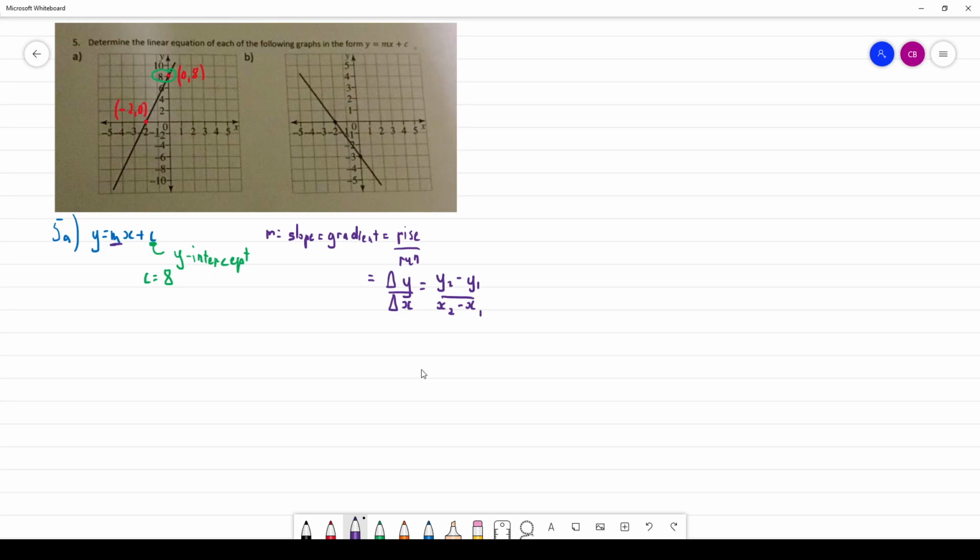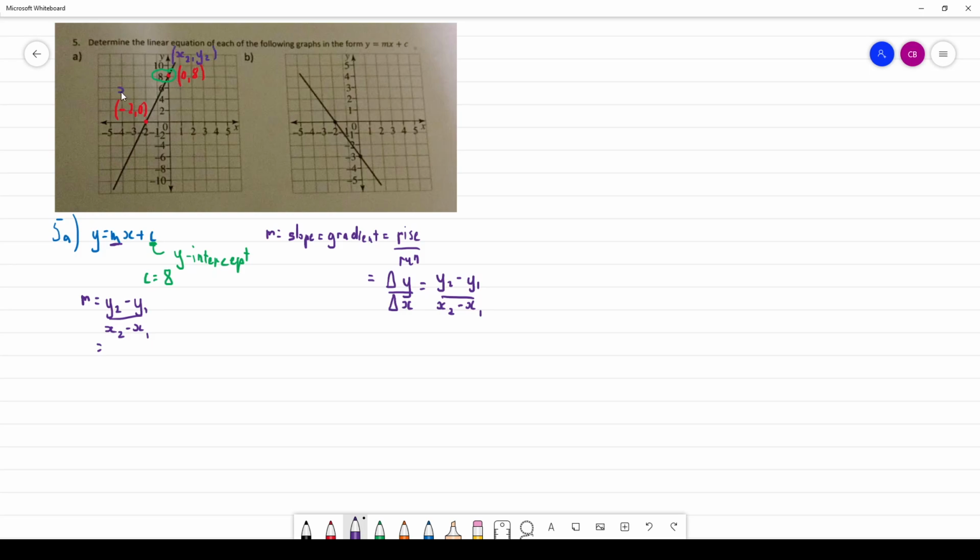We can just substitute those values in, and let's try that out now. So m equals y2 minus y1 over x2 minus x1. And what is y2? If this here is my second coordinate, this I could label as x2, and this over here would be y2.